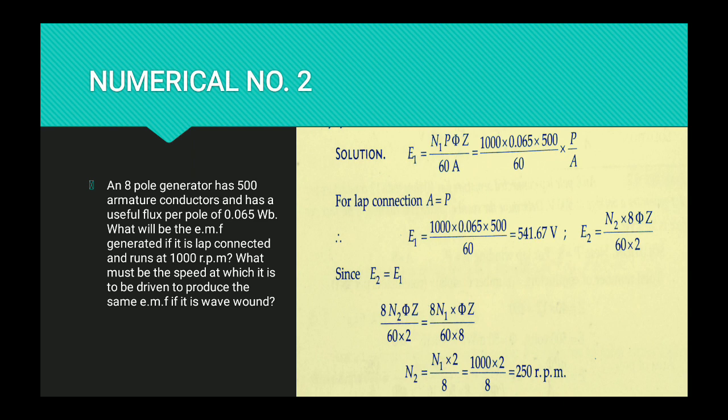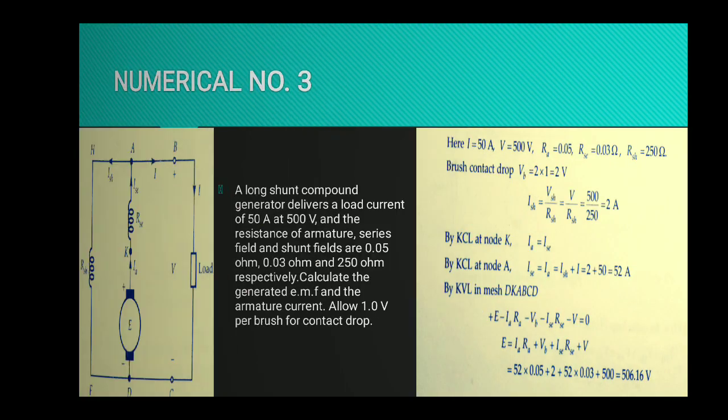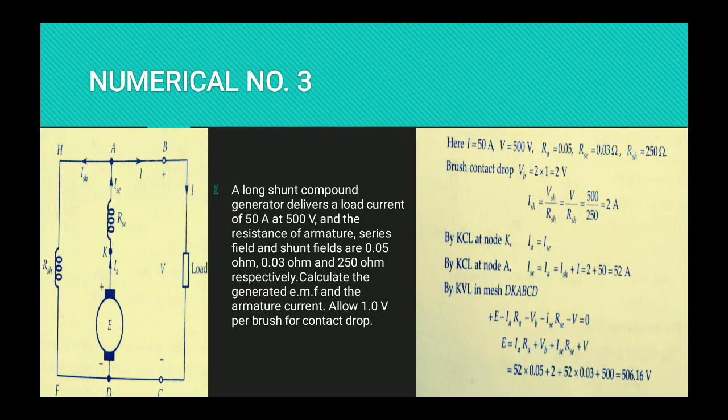Now I am going to discuss numerical number 3. So here you can see a long shunt compound generator. In a compound generator, there are two windings: one is the series winding, another is the shunt winding.